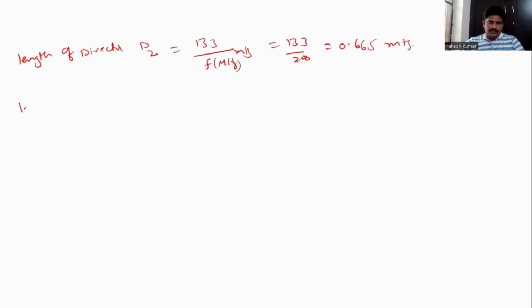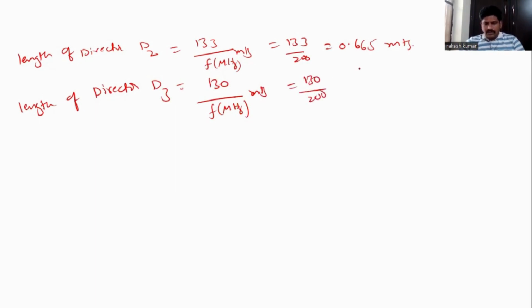Next, the length of director D3. So it is 130 by F in megahertz meters. So it is 130 by 200, that is equal to 0.65 meters.